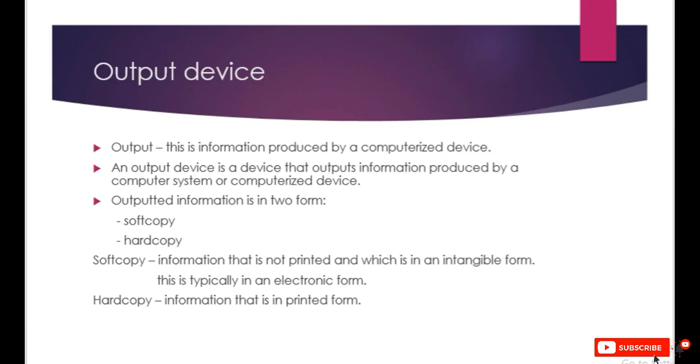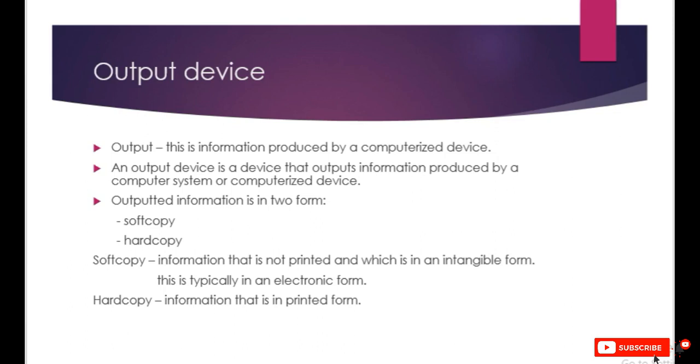So anything that is produced by any of these types of computer systems would be considered to be information. Output devices, on the other hand, would be the devices that are really used to output or to produce this information. So essentially what output devices do is that they enable us, the users, to have access to and to interact with the output.